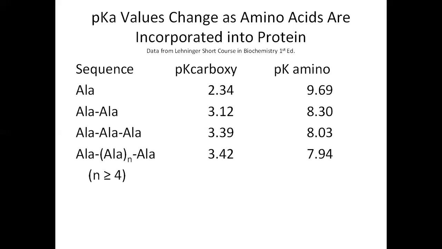But if we have the dipeptide alanyl alanine, the experimentally derived pK values are 3.12 and 8.30. If we have a hexapeptide or longer, the pK values are 3.42 and 7.94. In other words, the pK values tend towards neutrality in peptides and proteins.